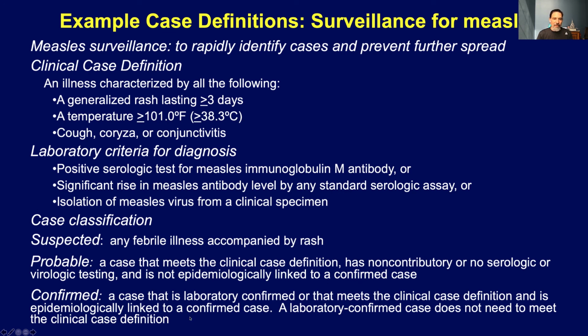And a confirmed case is someone that meets all of these criteria for lab and clinical and epidemiologically linked. So this is an example of a case definition that includes epidemiological exposure information, which must come by definition from field investigation on the part of the health department.